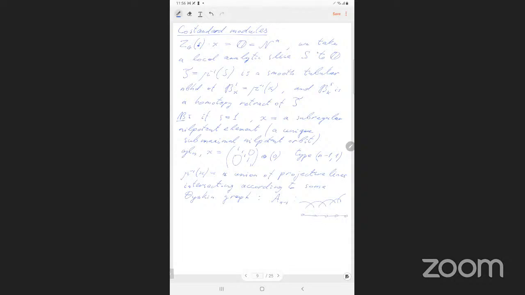Okay, and say for SO_8, this is D_4, so I will have one central component, and it will intersect 3 other components. So the graph will be like this.